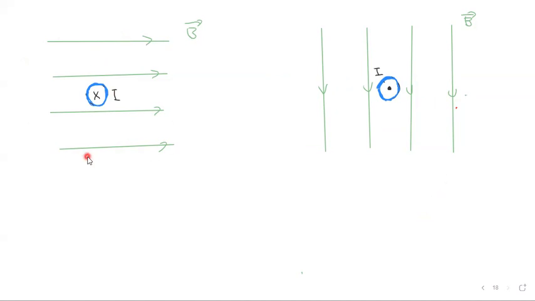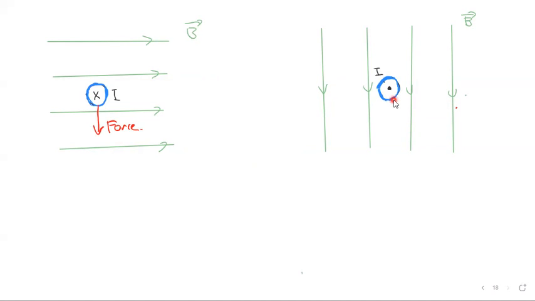Taking a look at this one over here, we now have the perspective of the current being into the page, and the magnetic field is going to the right. So if your thumb is going into the page, because it's a cross, and your magnetic field is going to the right, that means you'll end up with your right hand push rule telling you this is downward. Fingers to the right, thumb into the page, palm down.